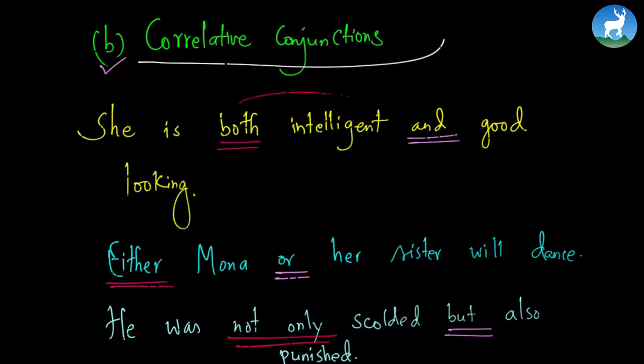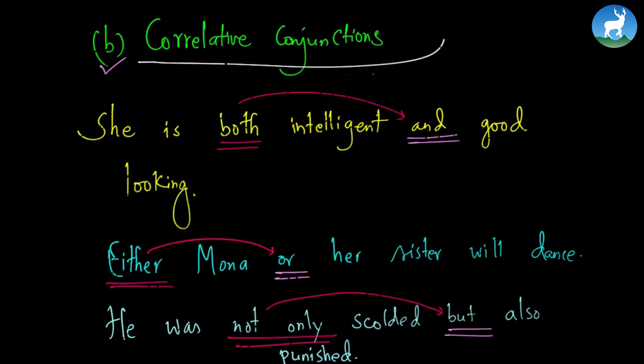Did you notice that there are two words, sometimes more than two words, for each conjunction? That means there is a pair. Both and, either or, neither nor, not only but also. She is both intelligent and good looking. Either Mona or her sister will dance. He was not only scolded but also punished.